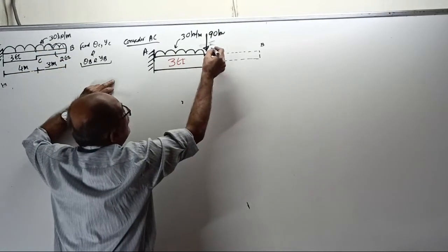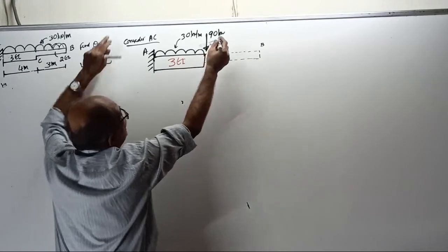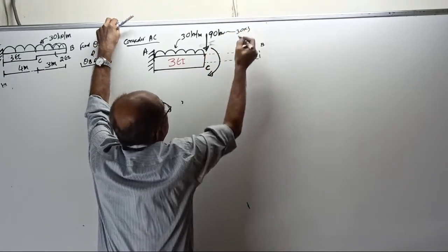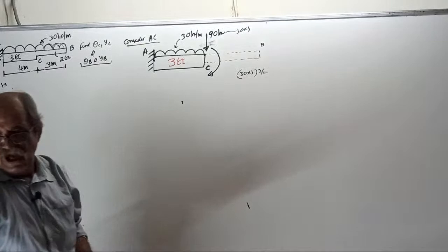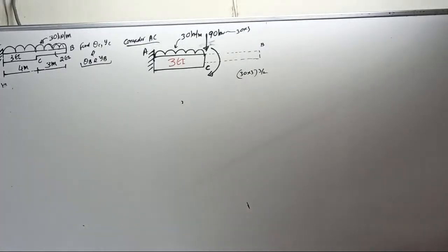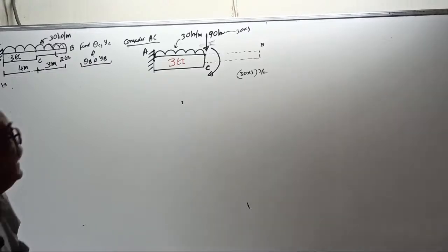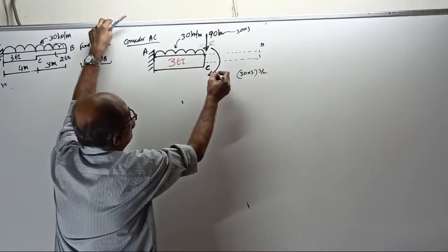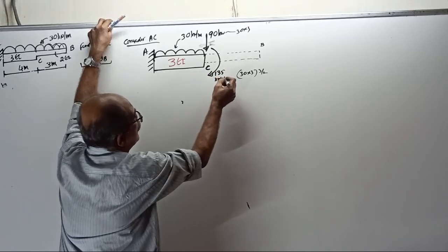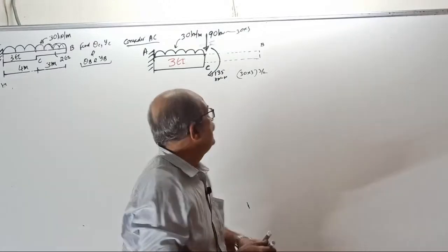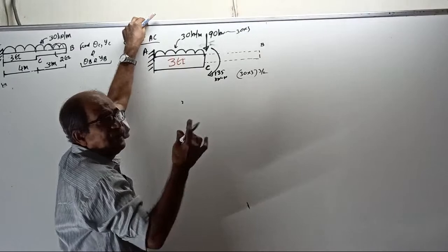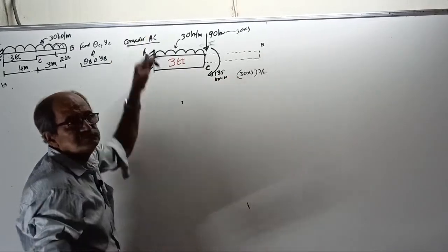How much is the couple? 30 into 3 into 3 by 2 is 135 kilonewton meter. I think I strained too much, that's why I suddenly felt that problem. Okay, now that's the couple.